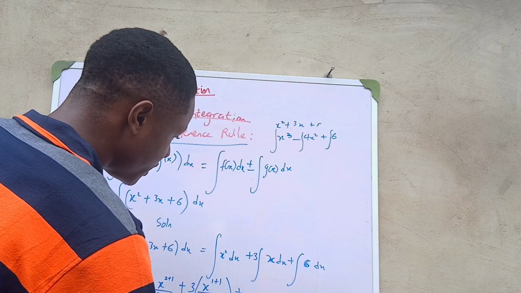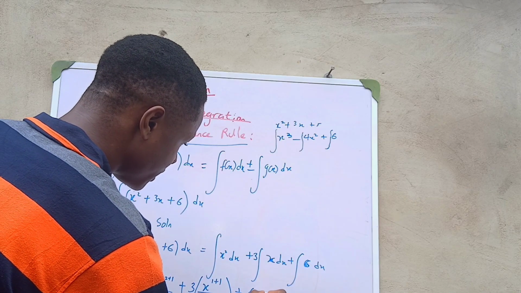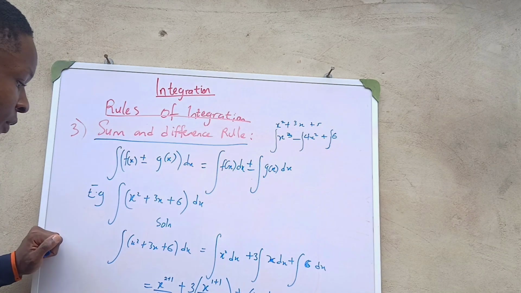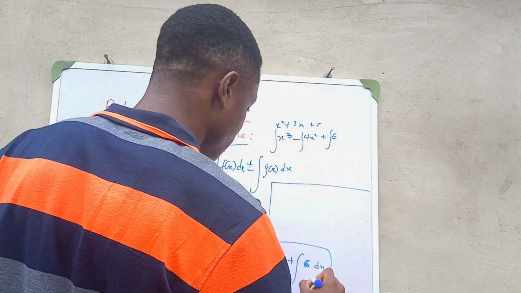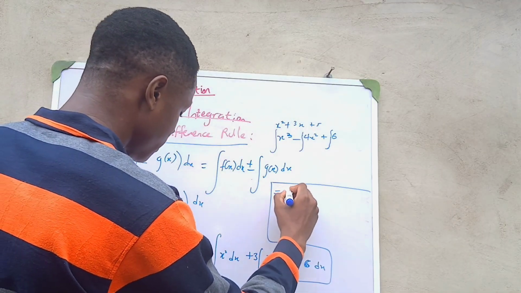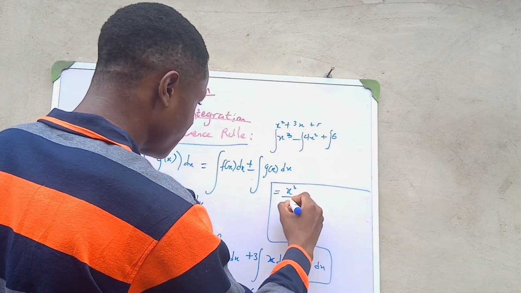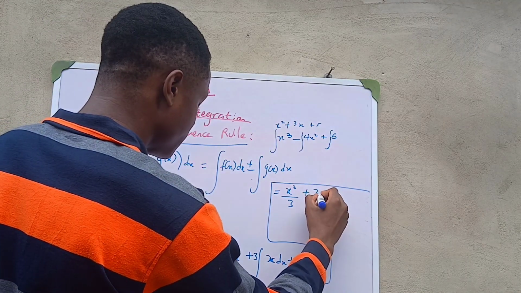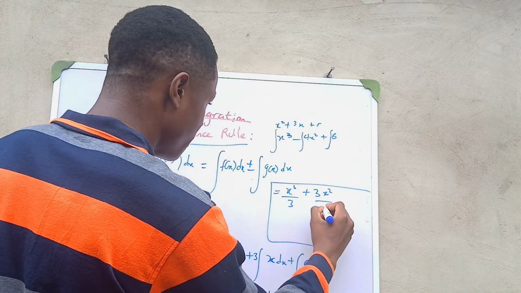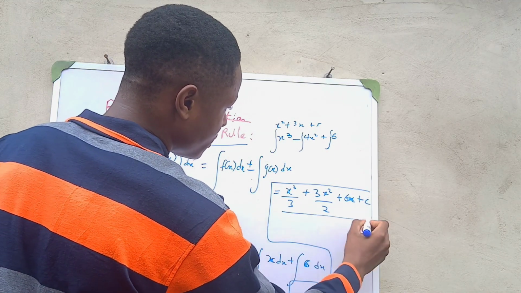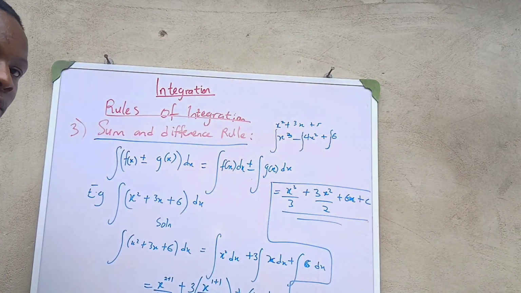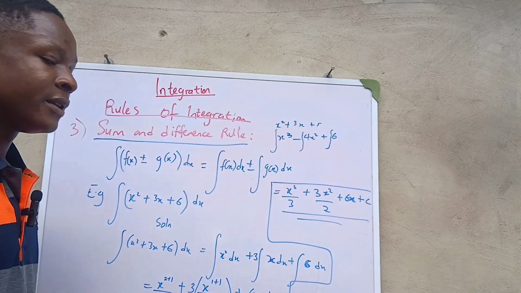Now this is a constant, so we'll just add x to it: 6x plus c. So this is giving us x cubed all over 3 plus 3x squared over 2 plus 6x plus c. This is our answer. So that is how to solve for the sum and difference rule.